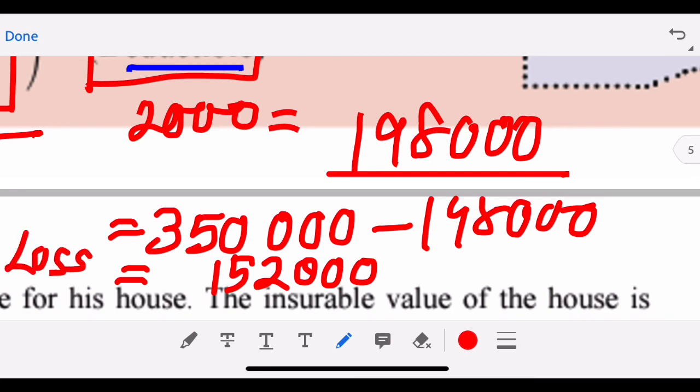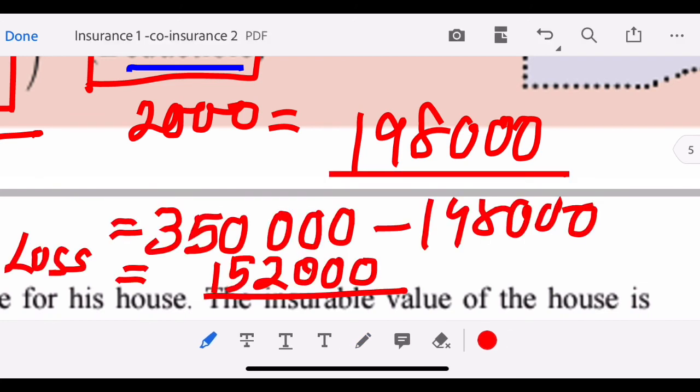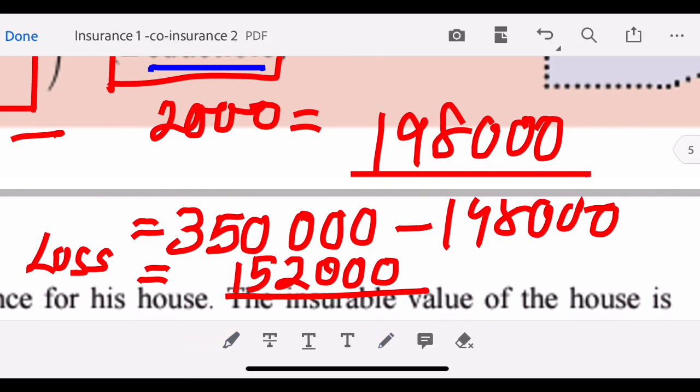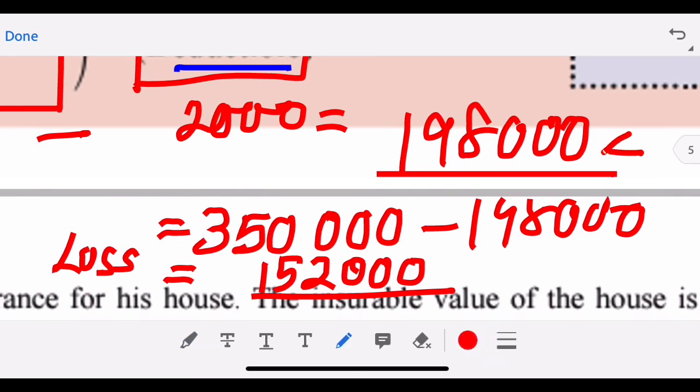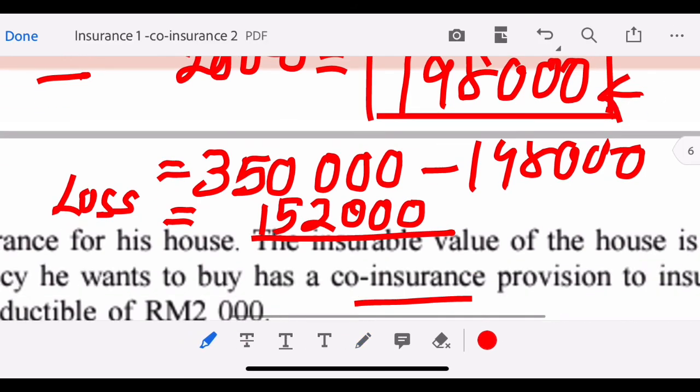For Encik Ismail, the total loss is 152,000, then the compensation is 198,000. In this case, will the insurance pay 198,000 to Encik Ismail?